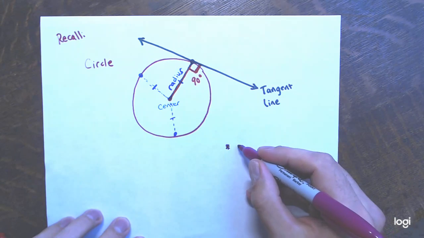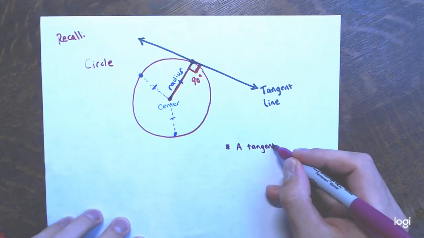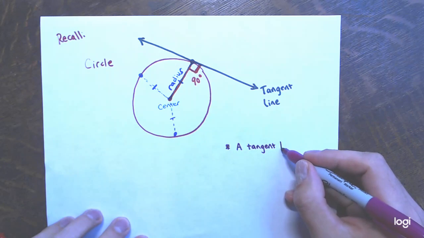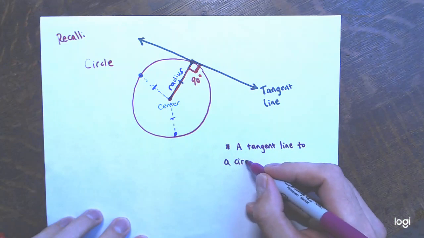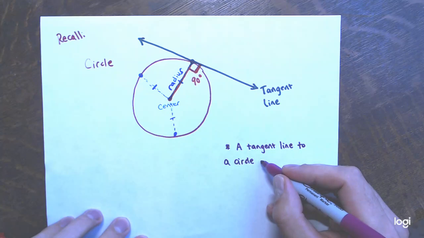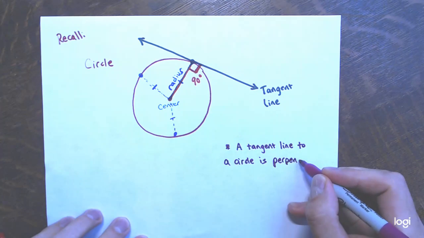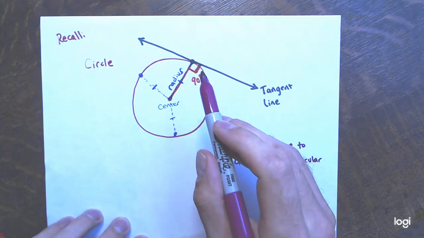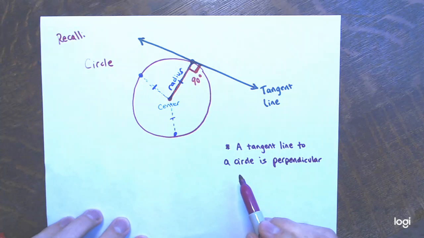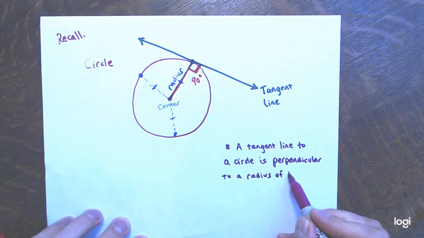All right, so I'll make that little note off to the side here. So a tangent line to a circle is perpendicular. And again, this is just a fancy word for forms a 90-degree angle, is perpendicular to a radius of that circle.